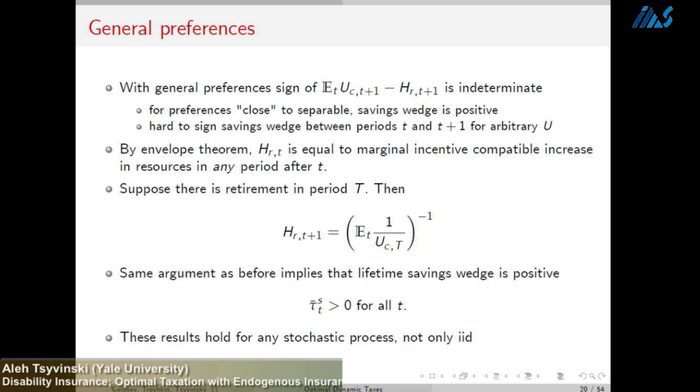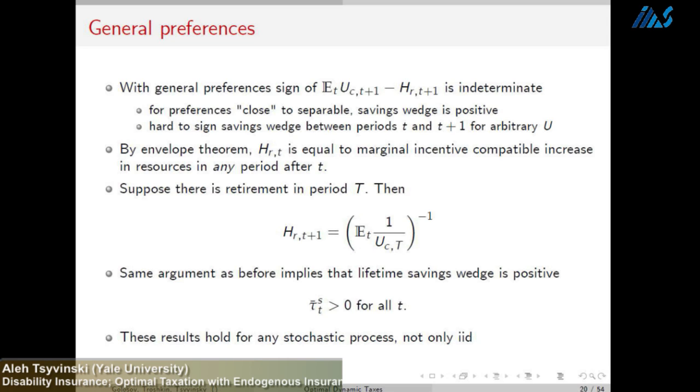Okay, so there is no general result about what happens with non-separable preferences, but what we can do is derive something similar to this, but with respect to the marginal utility of moving R resource in the future versus marginal utility of having R units of resources today.